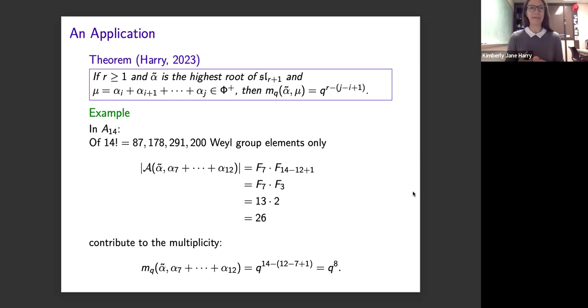But if we look at my theorem, I find that, if I'm looking at a certain positive root, say alpha 7 plus alpha 8 plus all the way up to alpha 12, I know that I have the 7th Fibonacci times the 3rd Fibonacci, which tells me I really only have 26 elements of the group actually contributing non-trivially. So that reduces checking this really big number down to just 26 of them. And then I look at the Q analog and notice that it just reduces down to Q to the 8. So it looks nice.